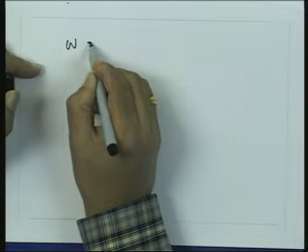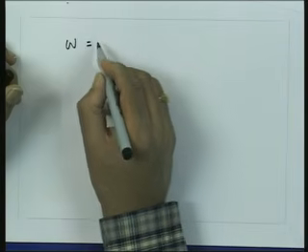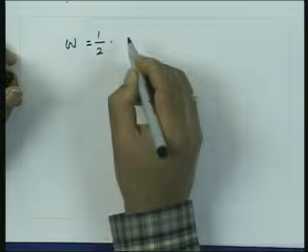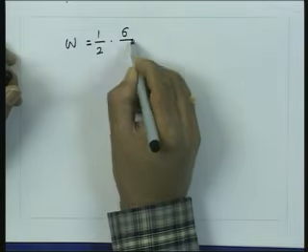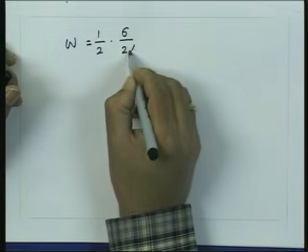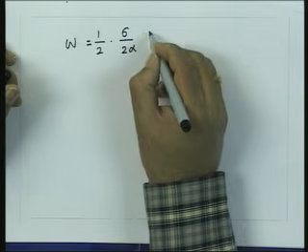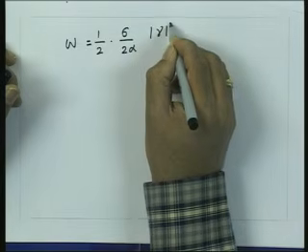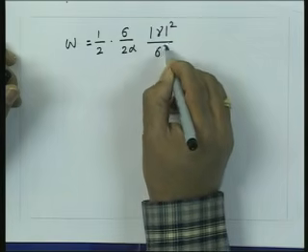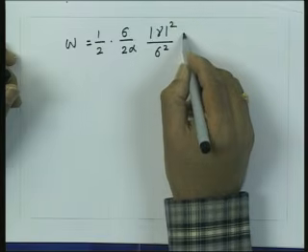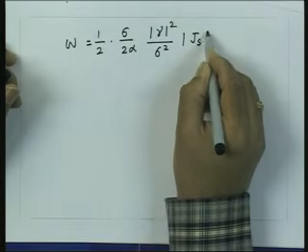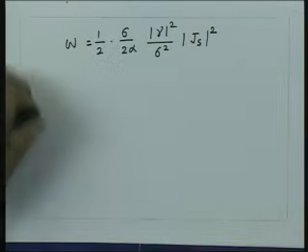power loss W will be equal to 1 upon 2 sigma upon 2 alpha into mod gamma square upon sigma square into Js square.